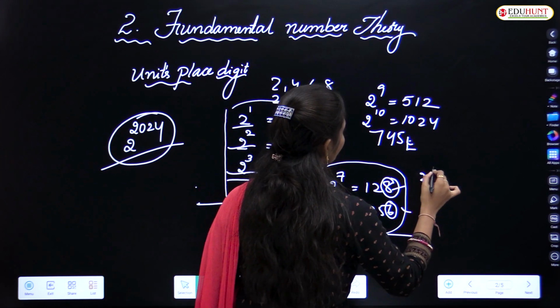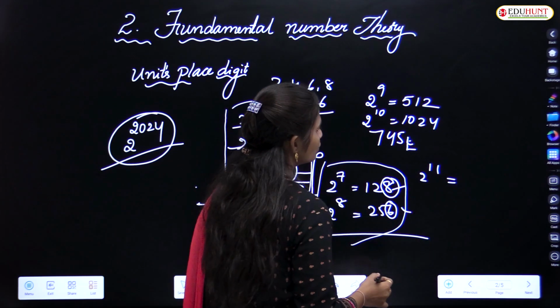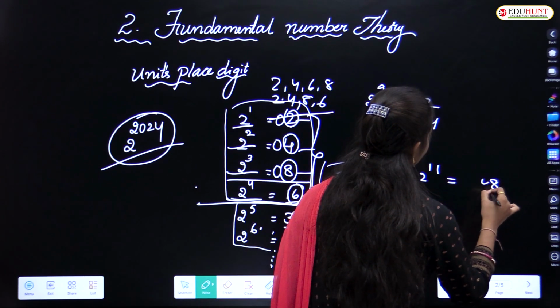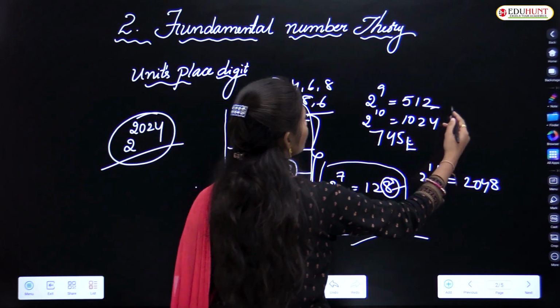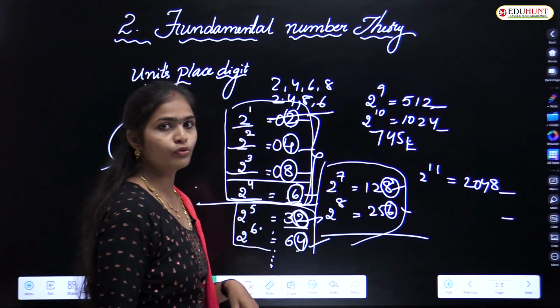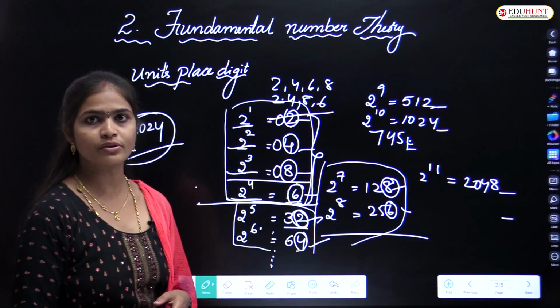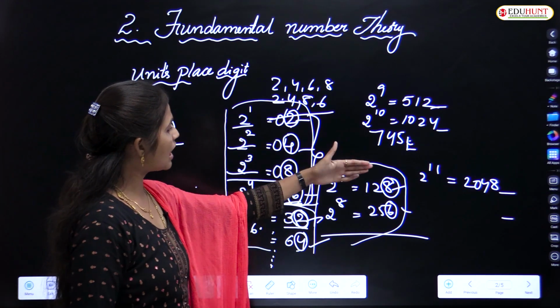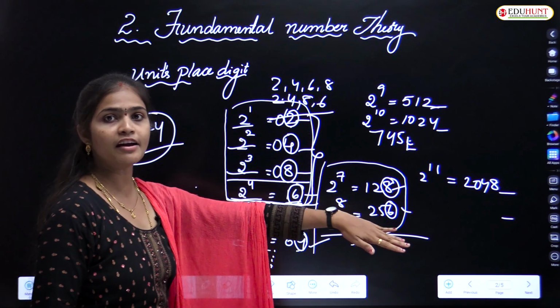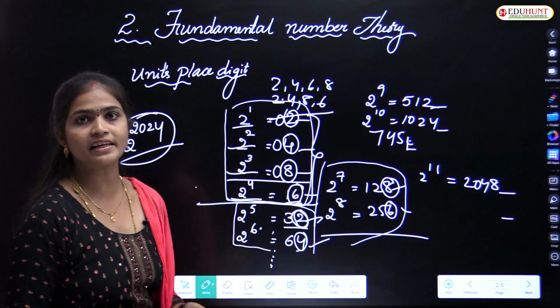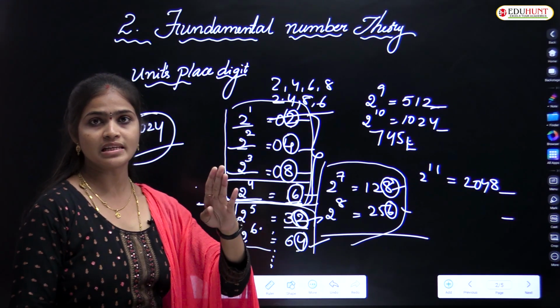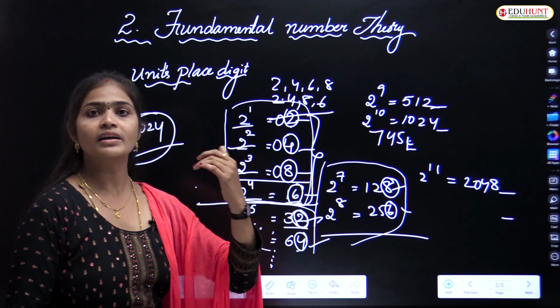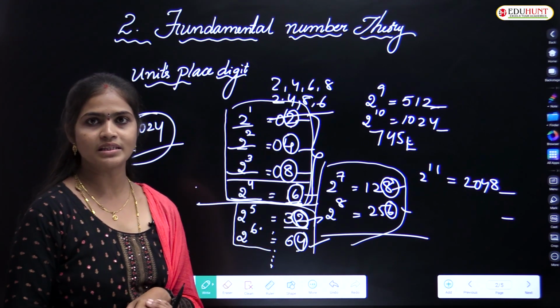Next, 2 power 11 is equal to 2048, so again you can observe 2, 4, 8, 6. The 2, 4, 8, 6 pattern again you can observe. So after 4 steps, again after 4 steps you will get the same pattern 2, 4, 8, 6. So for every 4 steps we are getting repeated numbers.